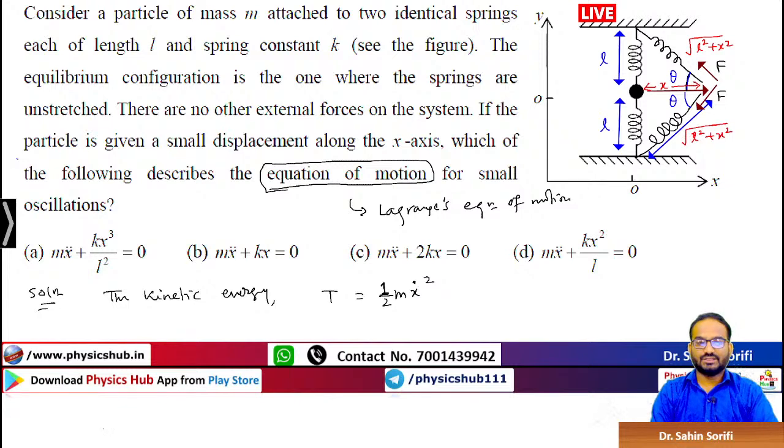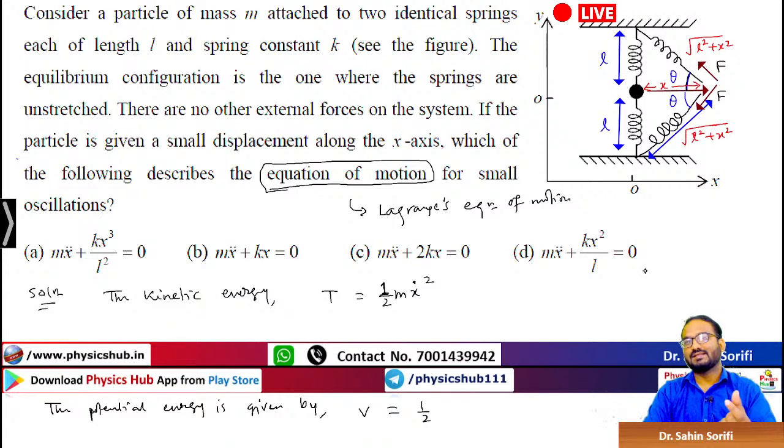So what will be the potential energy? Potential energy, if I write it as V, is half k x square. x is the change in length. Okay, this is the main formula, half k x square. K is the spring constant, x is the change in length, and this law is known as Hooke's law, right? So for V, two springs are involved, one is this, another one is this. Natural length is L and the changed length is root over L square plus x square.